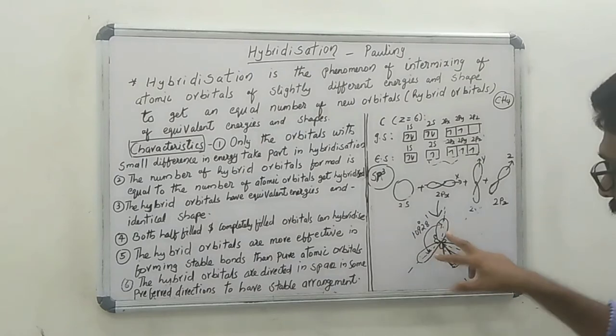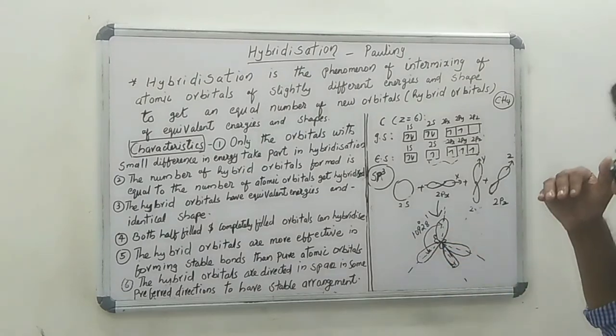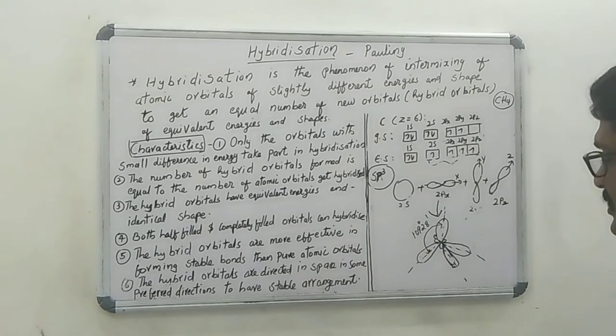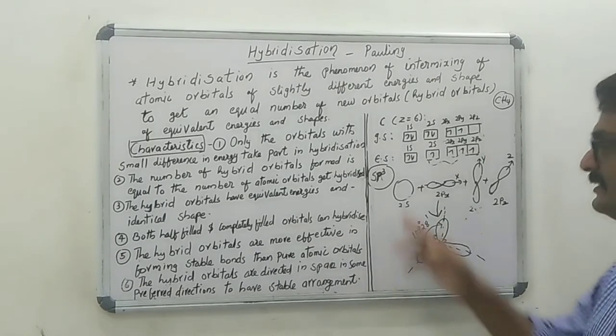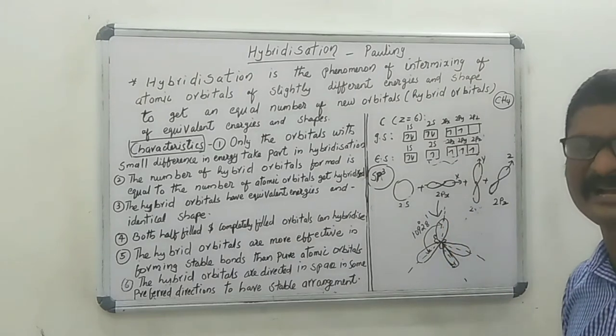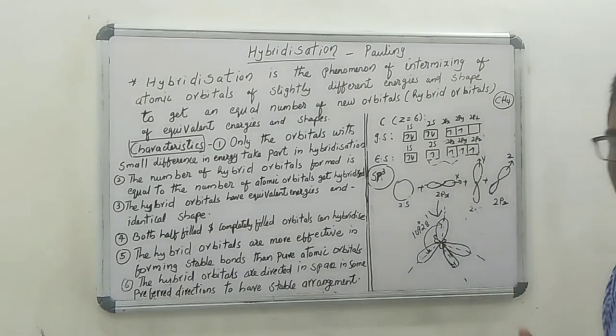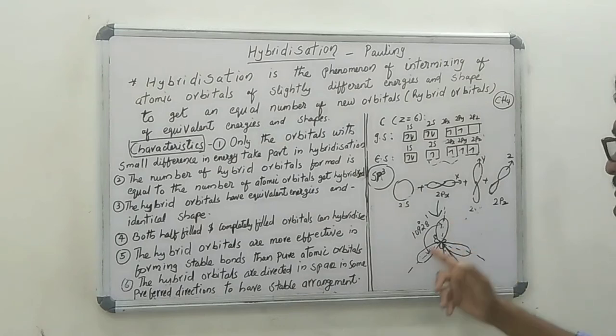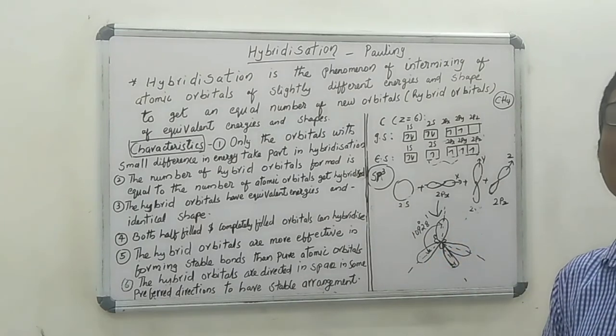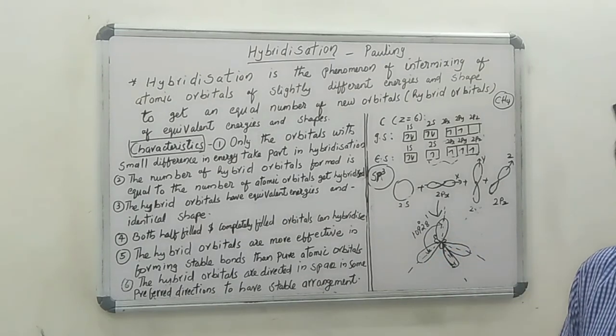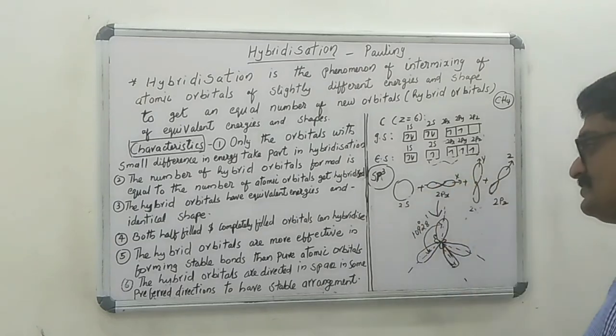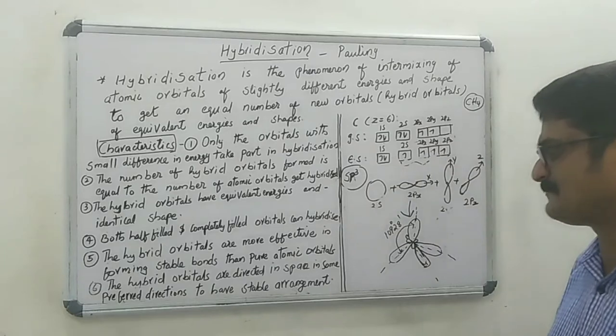To acquire a stable geometry, these hybrid orbitals are directed in space in some preferred direction. In the case of sp3, 4 sp3 hybrid orbitals are formed, and to acquire a stable arrangement, they are directed towards the 4 corners of a tetrahedron and acquire tetrahedral shape.